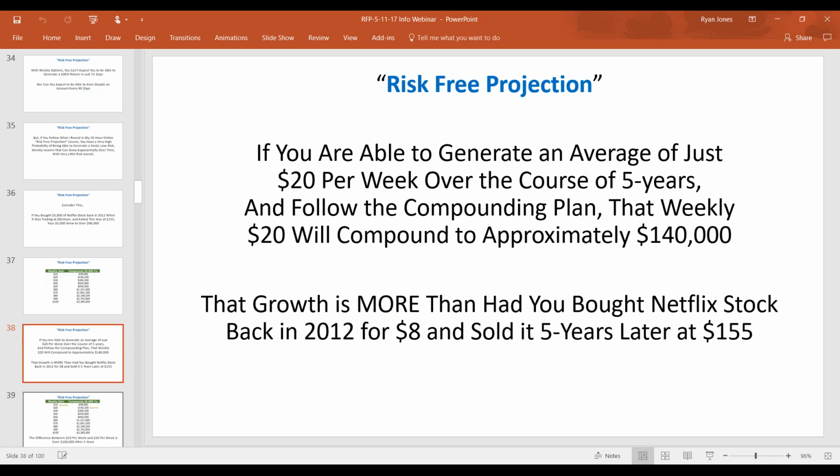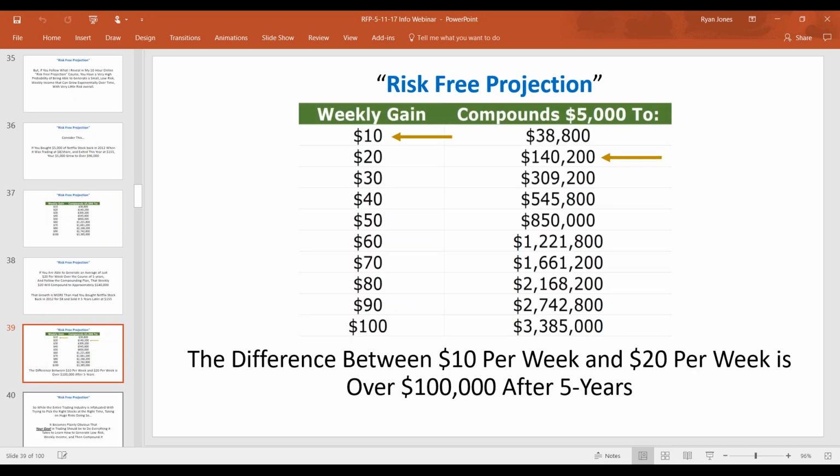So if you're able to average that $20 a week, if that's your first goal, and it should be, well, your first goal should be $10 and then increase that to $20 and then increase that, et cetera. But if you can do that, you're talking about compounding to approximately $140,000 after 5 years, and that growth is more than had you bought Netflix stock back in 2012 for $8 and then sold it 5 years later for $155. So this is absolutely tremendous.